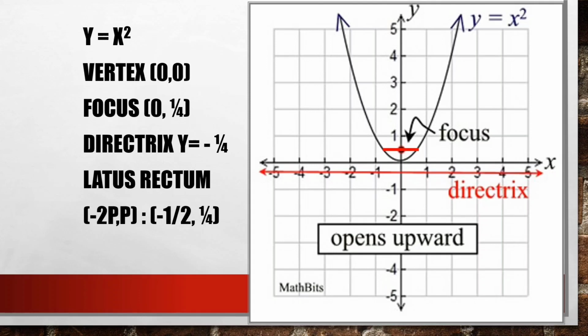Since the value of p is 1/4, 2 times 1/4 is 1/2, and since negative 2p, the result is negative 1/2. The value of p is equal to 1/4. For the other endpoint, we have 2p and p: 1/2 and 1/4.